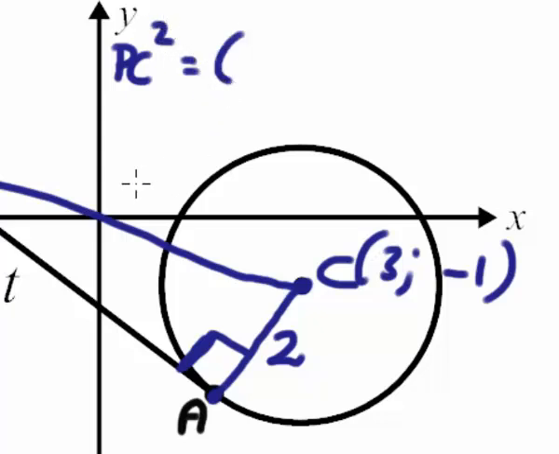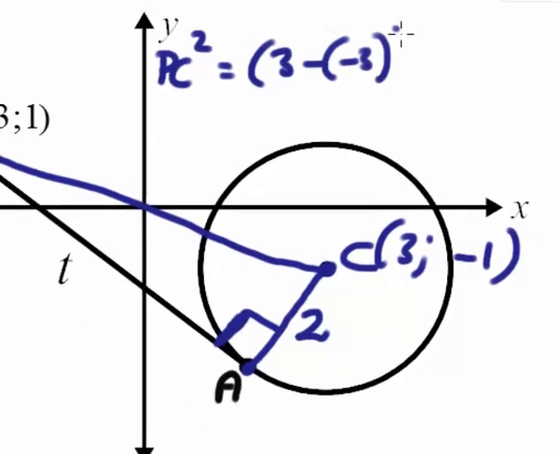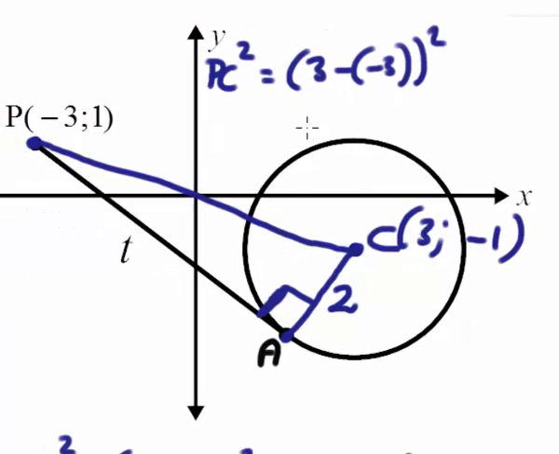You're going to have to use the distance formula. So we could say 3 minus negative 3 all squared. So it's that x minus that x value all squared. And then plus the negative 1 minus the 1 all squared.